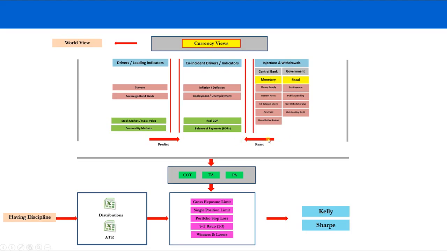And these are typically reactionary to what we have on the left-hand side. And what we have on the left-hand side are leading indicators, which are drivers that lead the economy. So they predict what is going to happen in the economy. And we have coincident drivers, and coincident drivers follow leading indicators, and central banks and governments react to both.